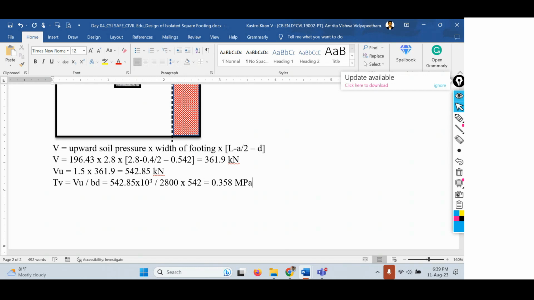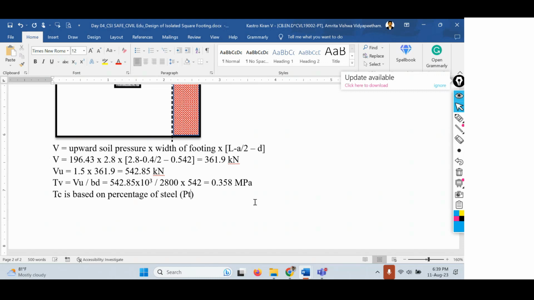Now we have to look for the tau c value. How will you calculate the tau c value? It is based on the percentage of steel. We have already calculated the percentage of steel, that is the pt value.